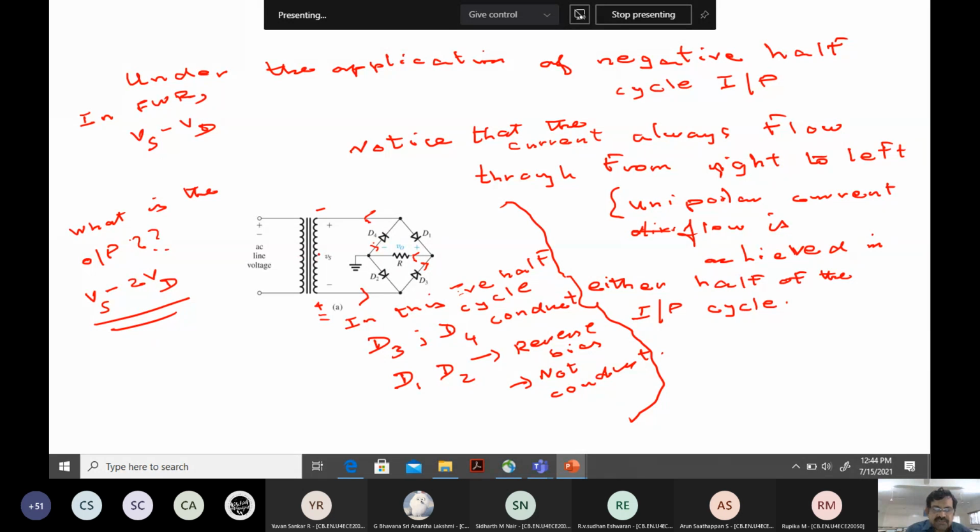Now, another important fact: when you use a center tap transformer, let us say I want to get 6 volts. With a center tap transformer, as I told you, there will be 2 secondaries with the center tap.